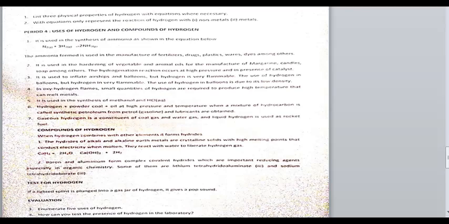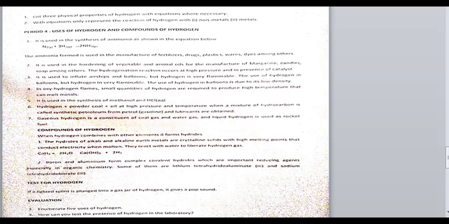Now, to the uses of hydrogen, we have different uses. First, hydrogen is used in manufacturing some substances like ammonia, hydrochloric acid, and methanol. So we use it in production of those important compounds, and you should know the uses of ammonia and some acids. They are used in production of fertilizer and other chemical substances.